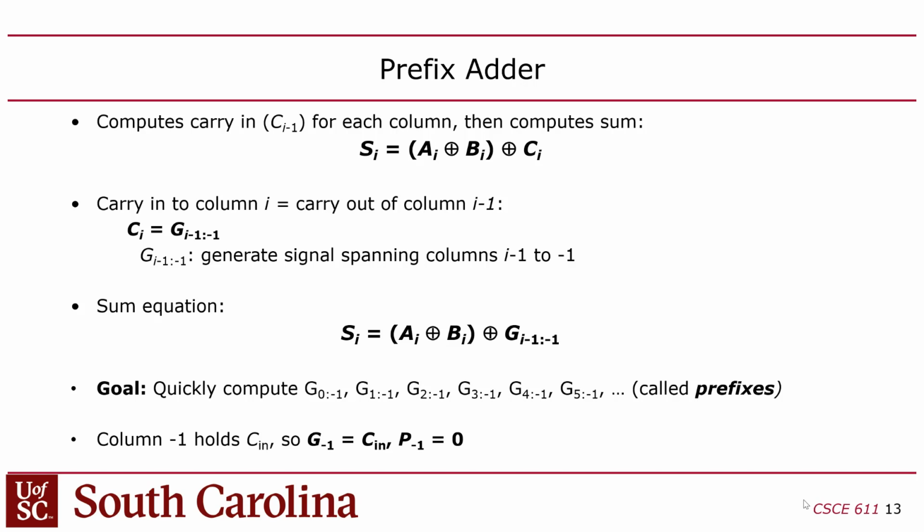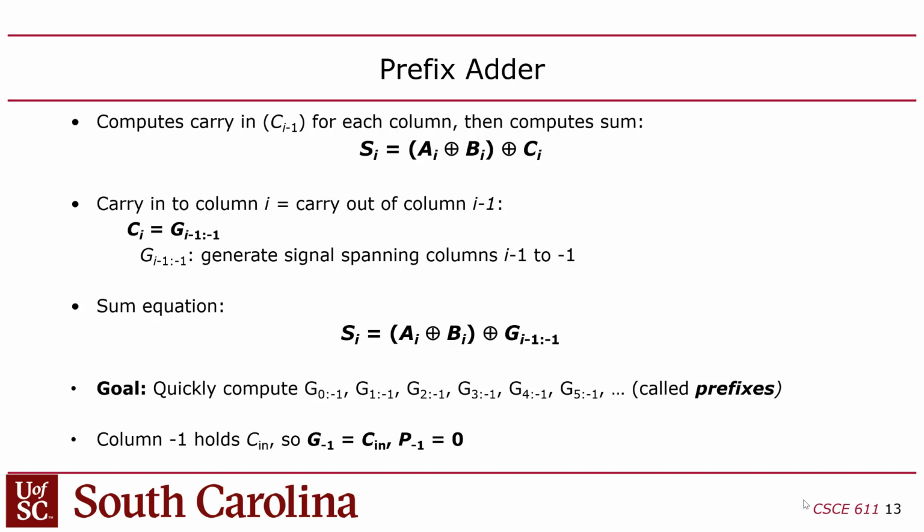That's basically the idea. So in this case, we have these generate groups and propagate groups, which are basically a G with two numbers with a colon that defines the range of columns that we're generating them for. So C of I is what we ultimately want to get, this is the end goal.